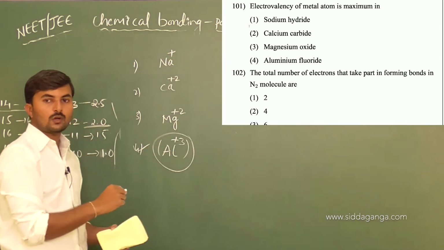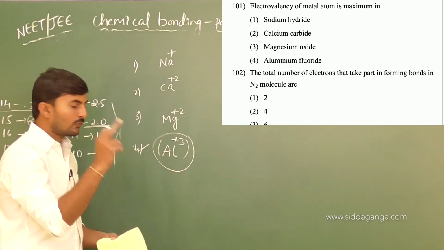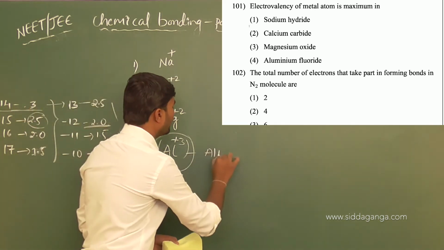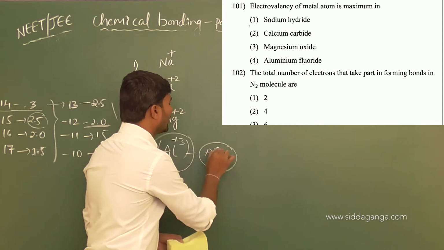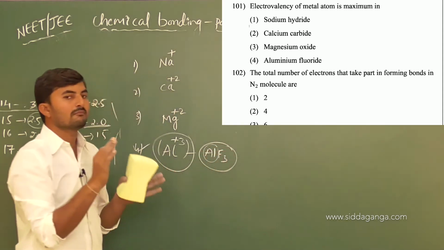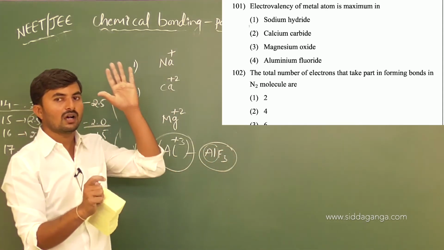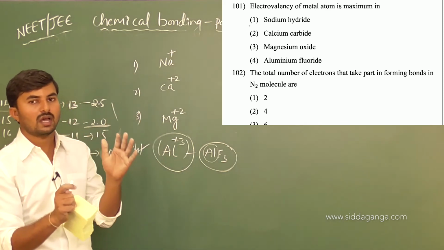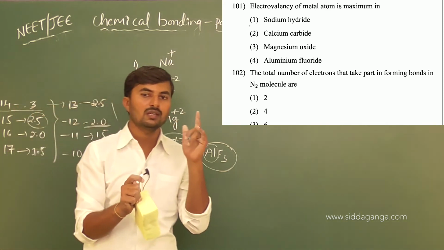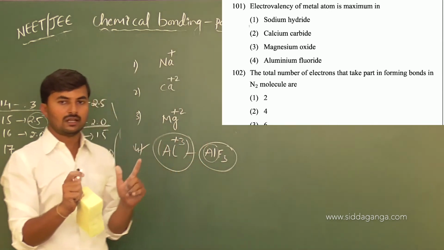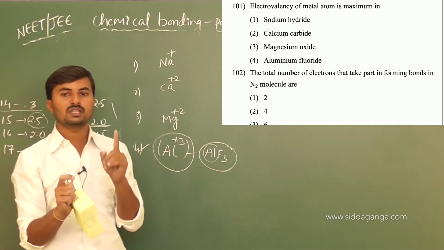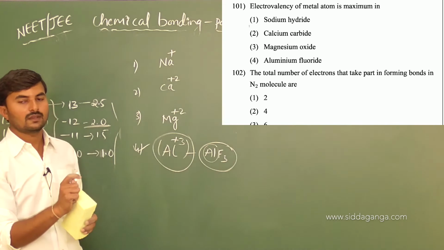So which is the right option here? In aluminium fluoride, that means AlF3, the electrovalency of aluminium is maximum with respect to the other 3 examples, that is sodium hydride, calcium carbide, followed by magnesium oxide. Option 4 will be the right one here. Okay, next.